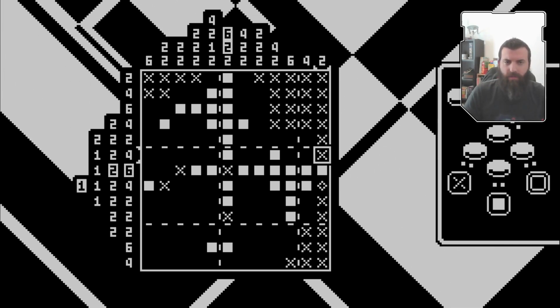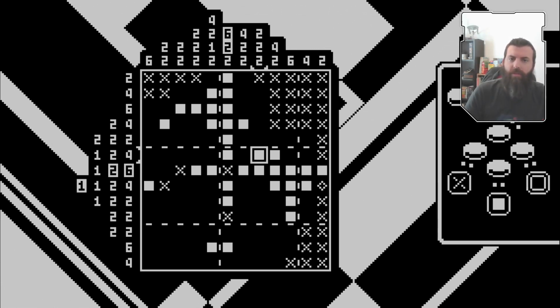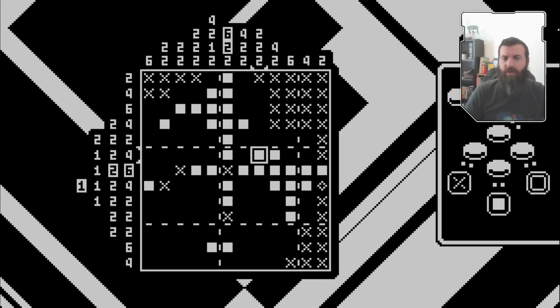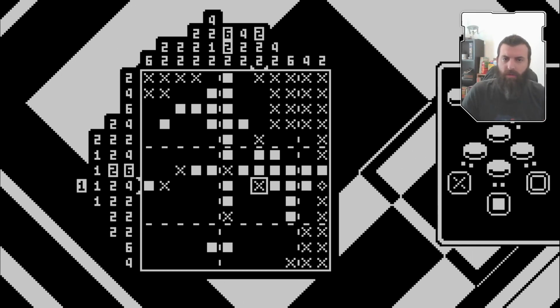Do it this way, just that tells us that the 4 over here has to reach at least here. That gives us one of our vertical 2s.